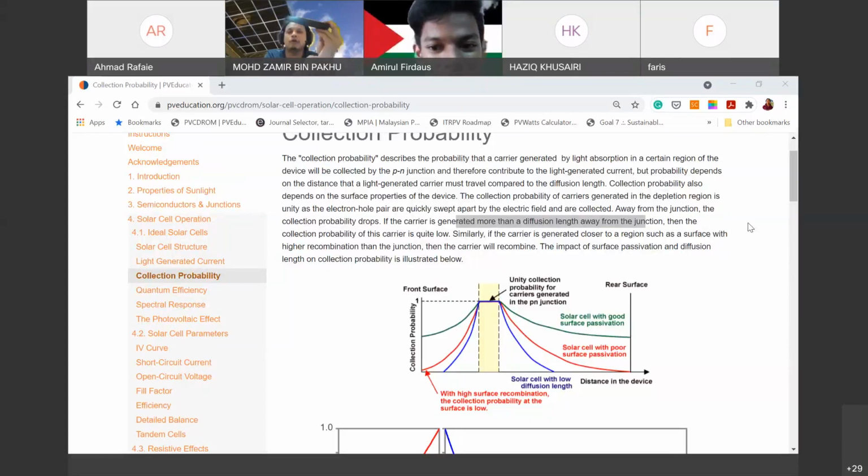Yes. So the moment you have the volume of your material, you will have carriers. The moment you have this volume of material interacting with light, you will have electron hole pairs generated everywhere, isn't it? As long as the flux of the incident light strikes through the material.